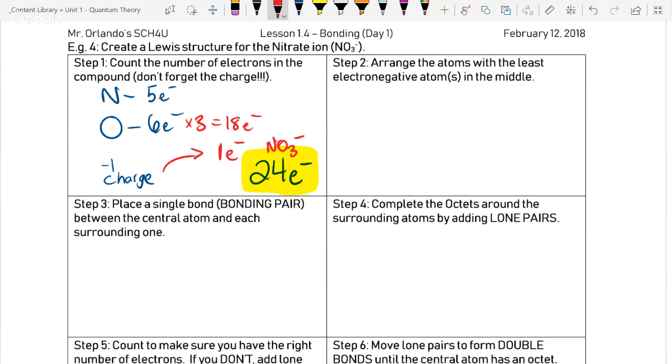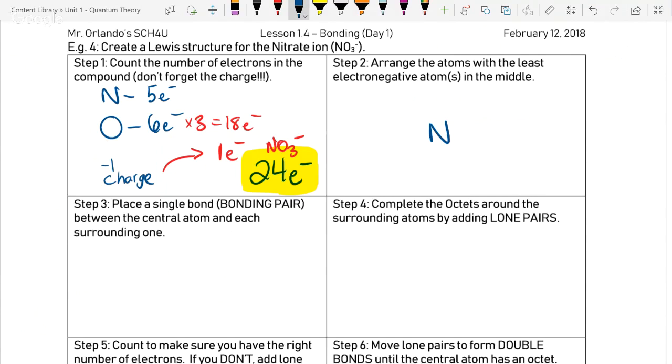What's going in the middle? It's one of the possibilities. Nitrogen, right? But check the electronegativities. Oxygen has an electronegativity of 3.5. Somebody with a periodic table, what's the electronegativity of nitrogen? 3. So oxygen is more electronegative, so the nitrogen goes in the middle.